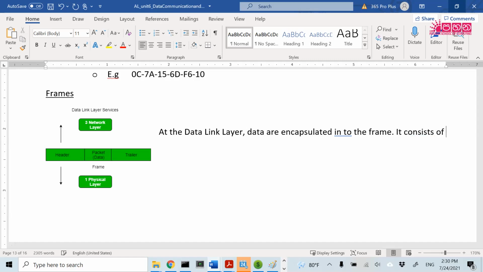It consists of header, data, and trailer.